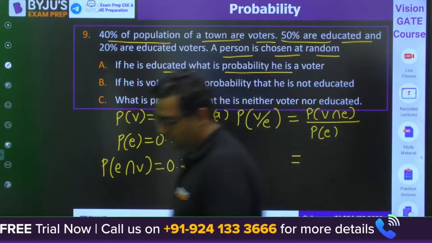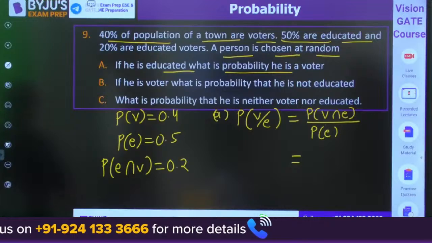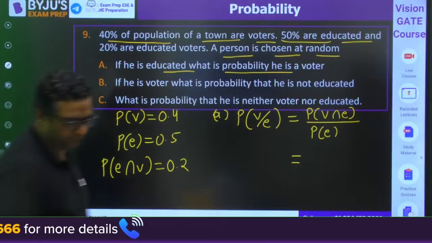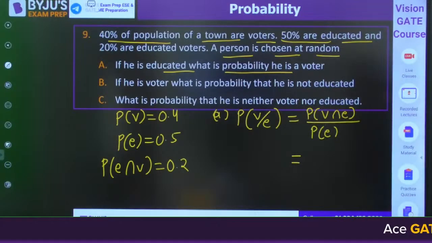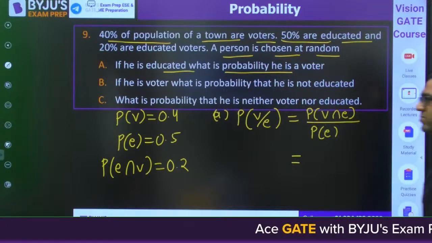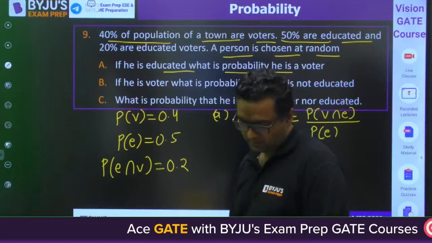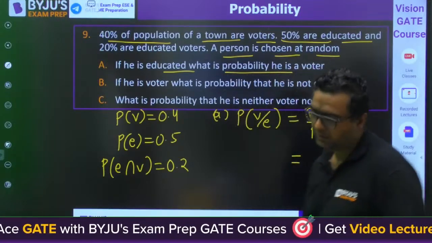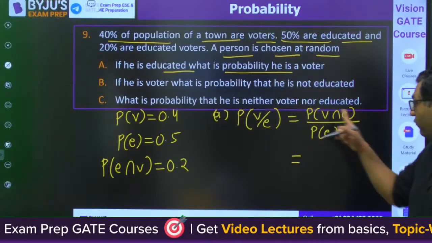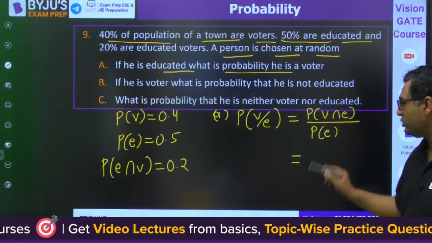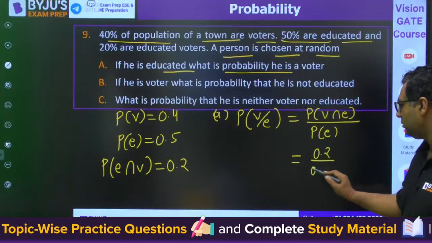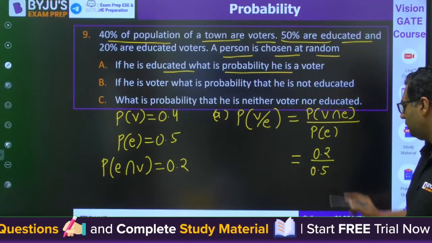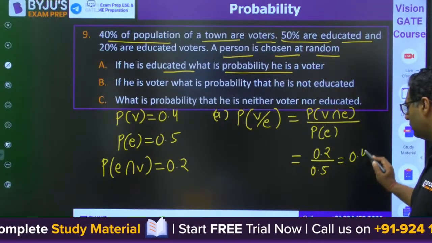Okay. Solve it and get the answer. Okay. Probability of voter and educated. Probability of educated. Correct.